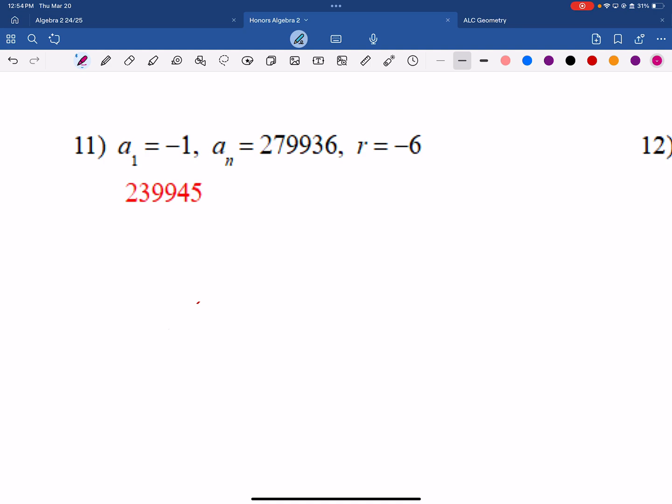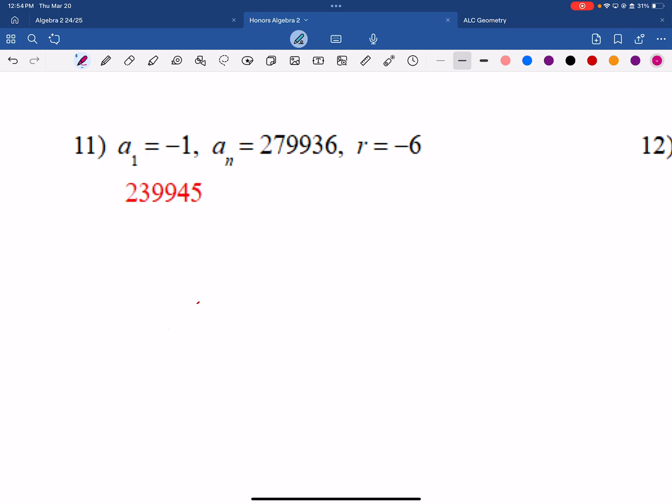What don't we know? I need to know the ratio, I need to know the n value, and I need to know the first term. Which one don't you know? We don't know the n value. So we have to calculate the n value. I don't know what S of n is, so I can't say S of n equals. I have A of n, though.